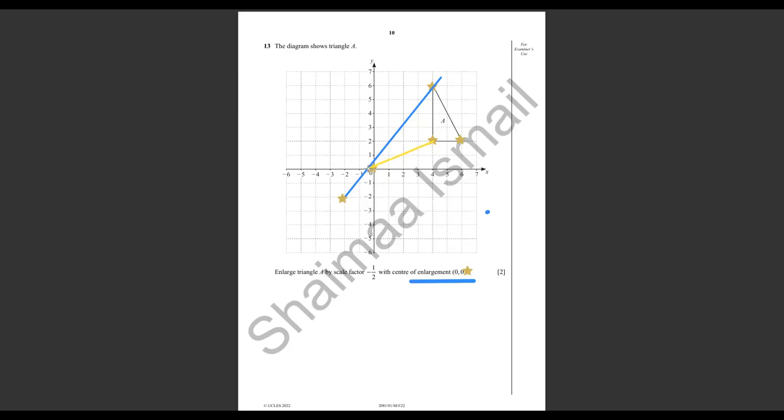So half of 3.5, I'm gonna move half of 3.5 here on my screen. Half of 3.5 is 1.75. Exactly.